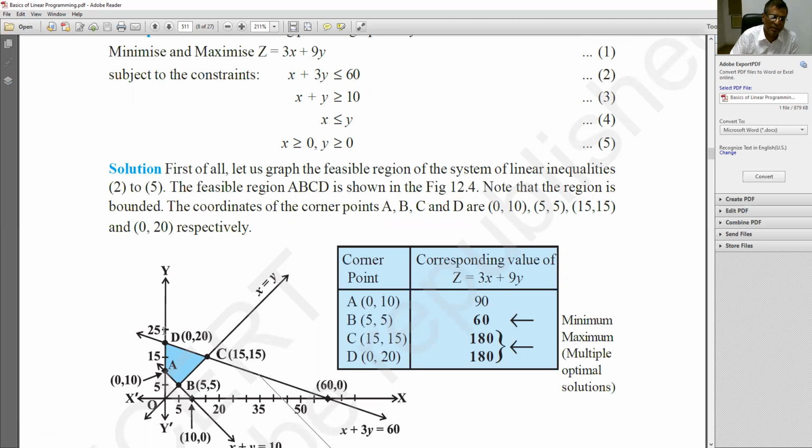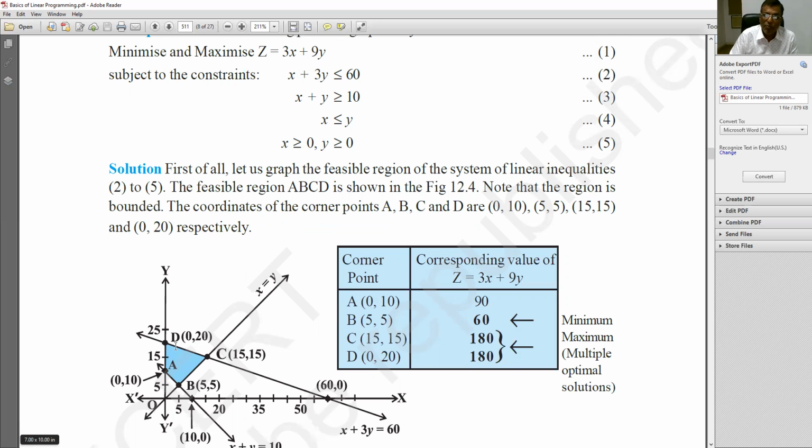So this point is satisfying the result, and it is also satisfied by all these points A, B, C and D. So this colored region is the feasible region.